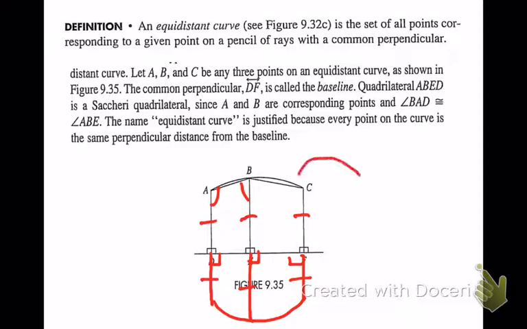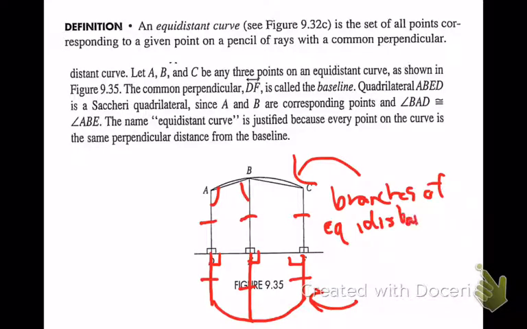Each side is a branch of the equidistant curve. Okay? So these distances would also be the same.